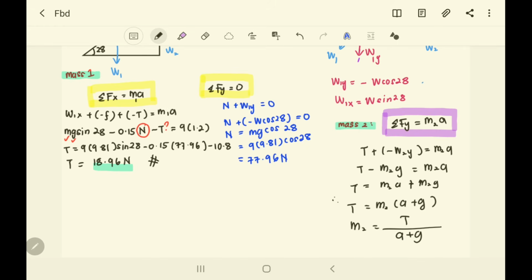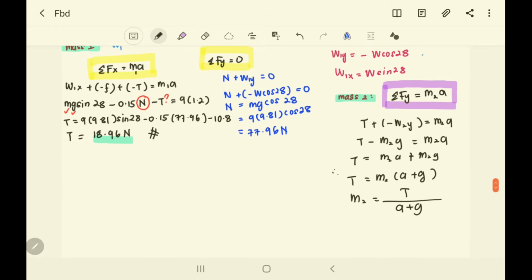So T tadi kita dah cari 18.96, we can just straightly substitute 18.96 over 1.2, the acceleration, plus 9.81. Finally M2 is equal to 1.72 kg. Okay, so this is the answer.